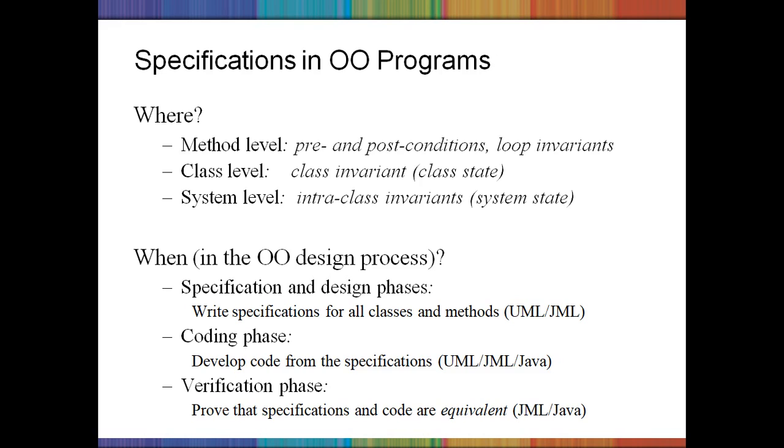So here Java is considered the core programming language, and Java is an imperative programming language, or imperative paradigm. In the verification phase, prove that the specification and code are equivalent. So you are supposed to show that the specification and the code that you have developed are equivalent.